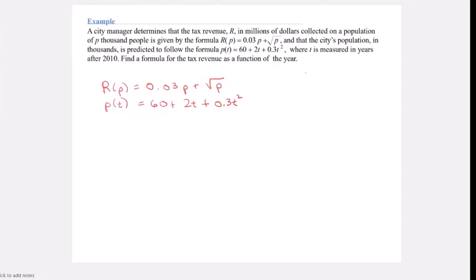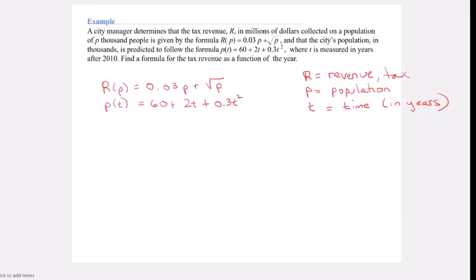It's telling us R equals revenue, and it's actually tax revenue. It's telling us that P is equal to the population. And it's telling us that T is equal to the time in years.